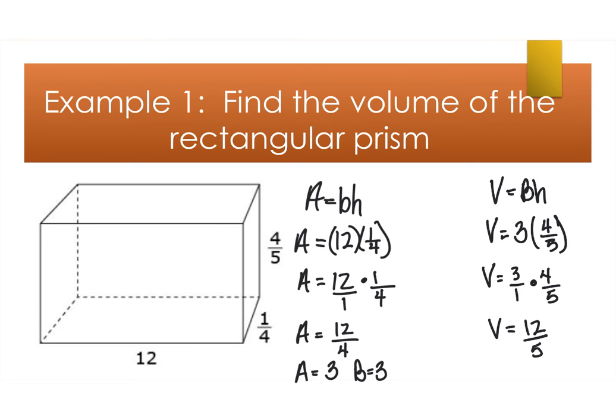And I'm going to reduce, if I can, or change it to a mixed number. Either one of these answers is acceptable. Our units for volume are going to be cubed, or to the 3rd power.